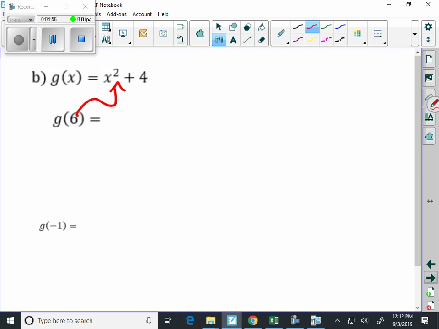So this is going to become 6 squared plus 4. And if you need to, type it in your calculator and remember that squared means times itself. So 6 squared is 36 plus 4, which equals 40.